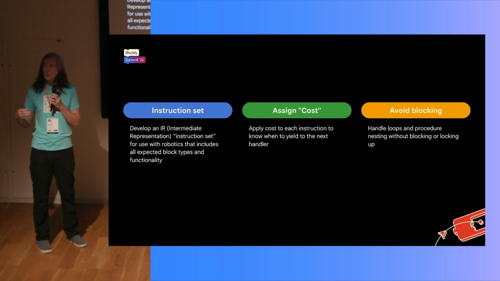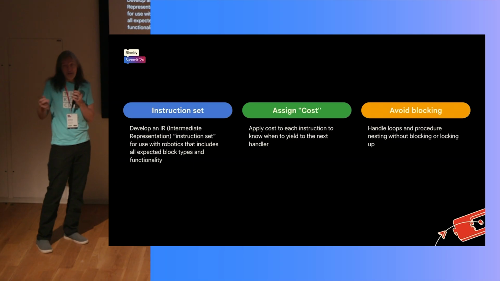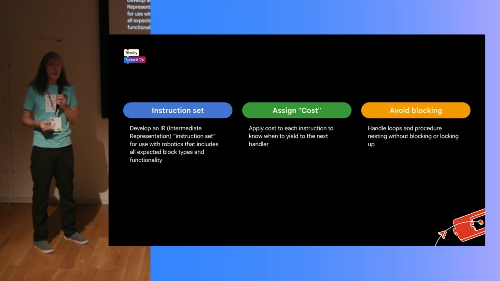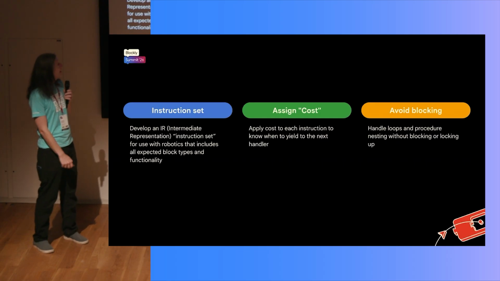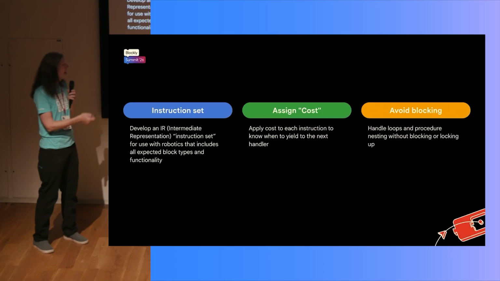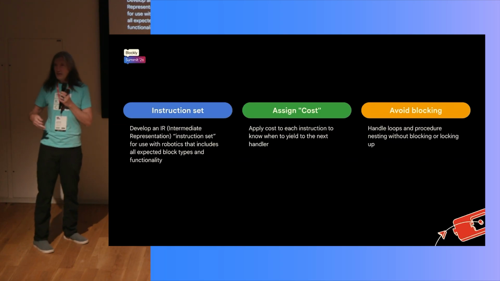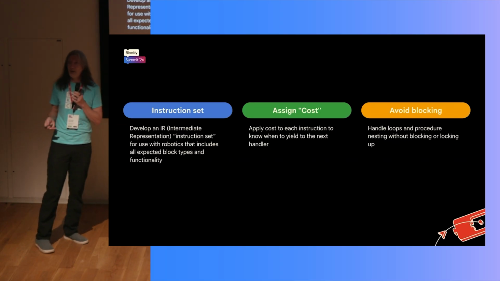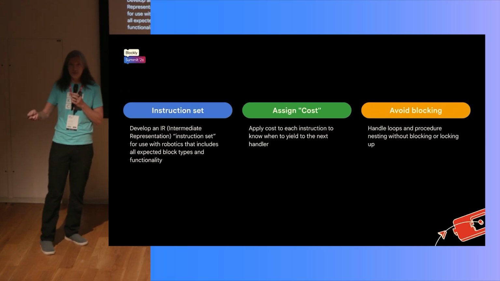Every time you complete a loop, it eats a certain amount of virtual CPU, and any tasks that may use a lot of CPU, we just assign them a cost. And we took care to avoid blocking by handling loops and procedure nesting without locking up the system. Because again, this is all running on a single JavaScript thread that's pretending to be a multi-threaded environment and at the same time is simulating physics.